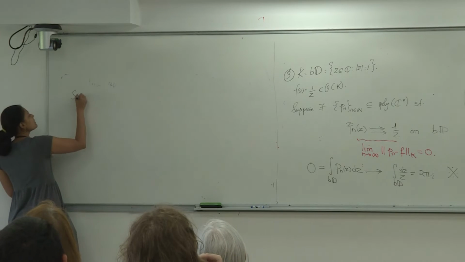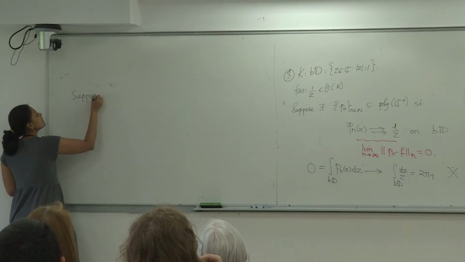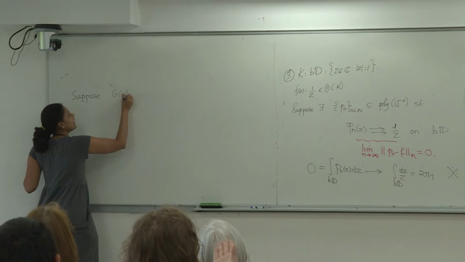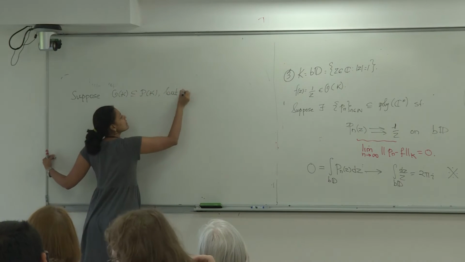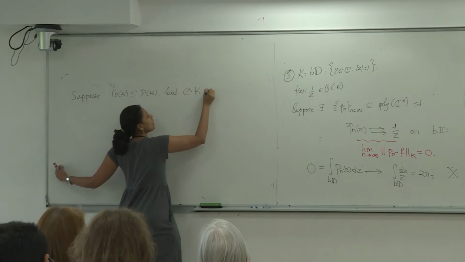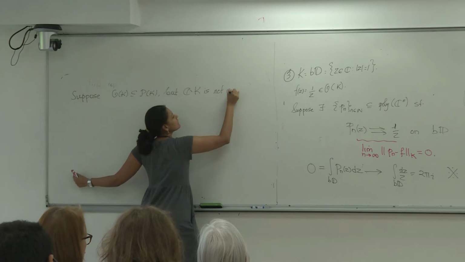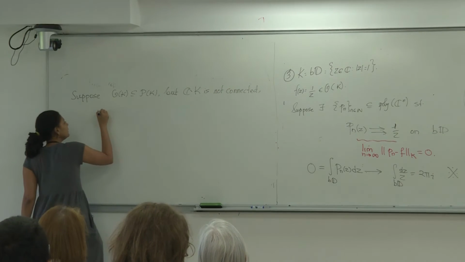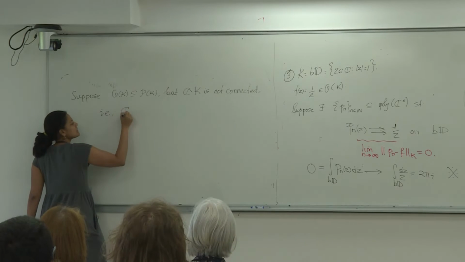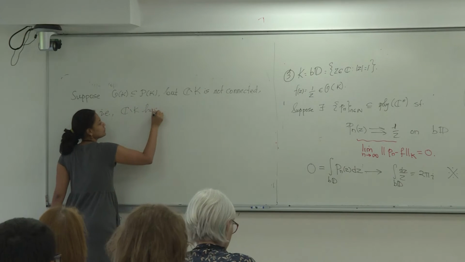So suppose O of K is in P of K, but C minus K is not connected, i.e. C minus K has more than one connected component.